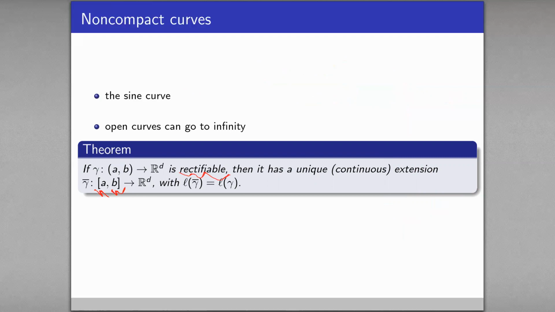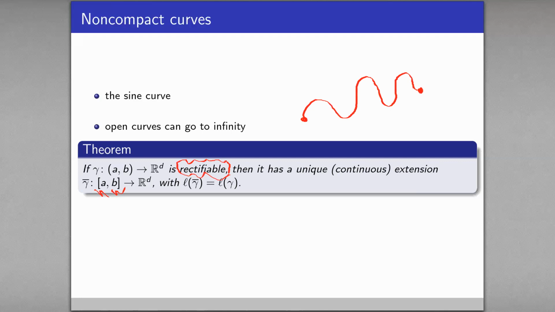This is saying that you have something like this, and you just did not include these endpoints in the beginning. But according to this theorem, you can fill this in, define it there, and you don't increase the length. For the sine curve, you cannot fix the zero part, and that means indirectly that it is not rectifiable.